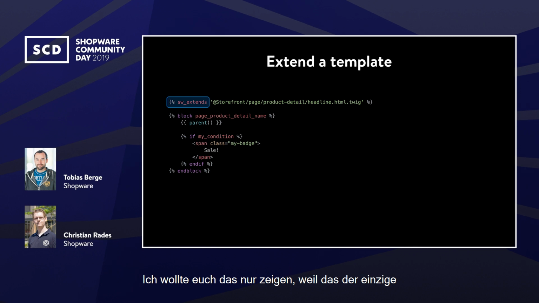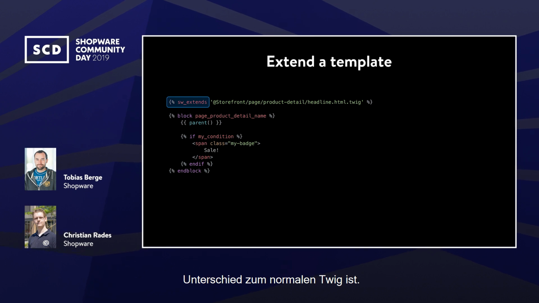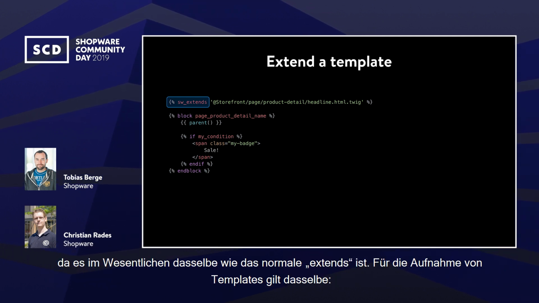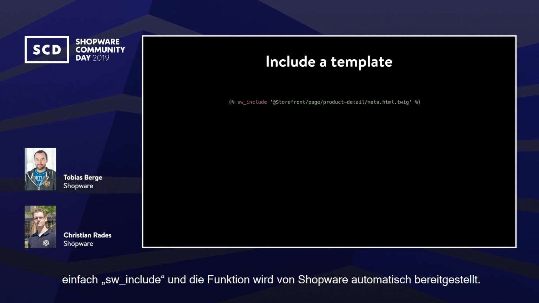I just wanted to point that out because this is basically the only difference to standard Twig. You don't have to worry about it too much during your development because it is basically the same as the standard extends. And for including templates, it's pretty much the same, just sw_include, and the functionality is provided by Shopware automatically.